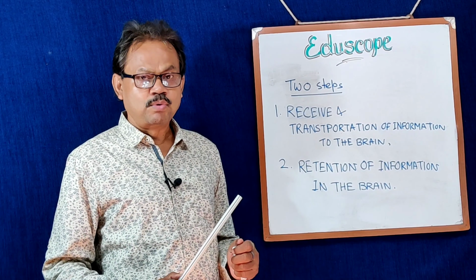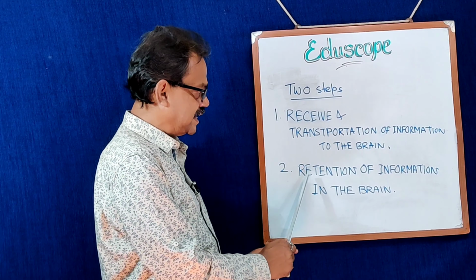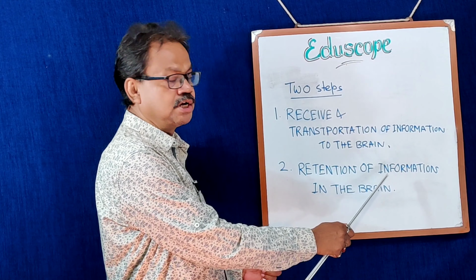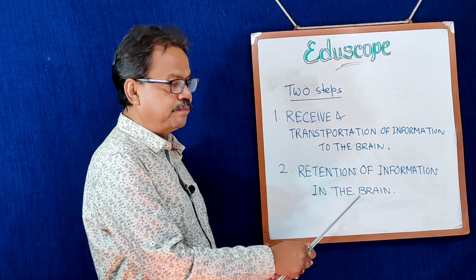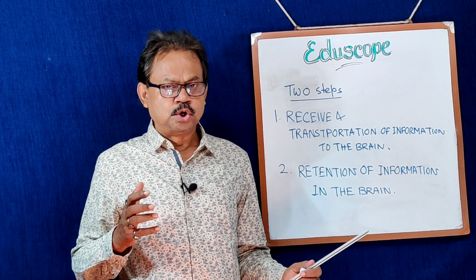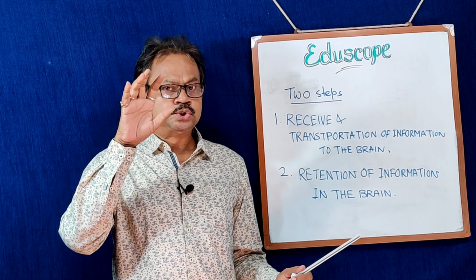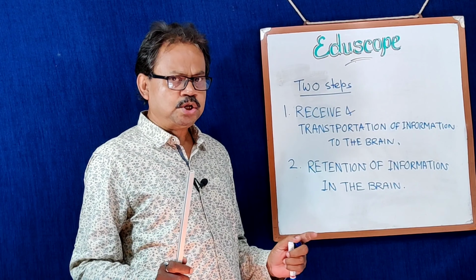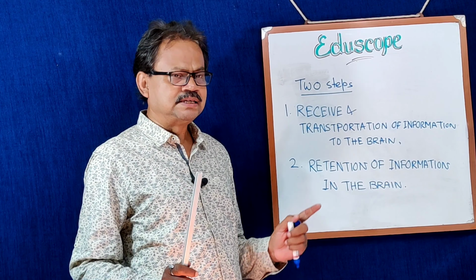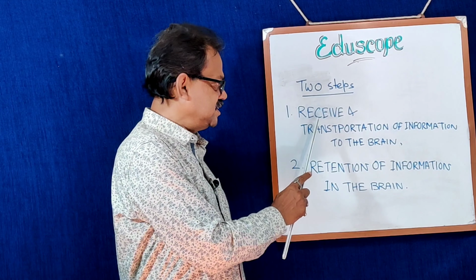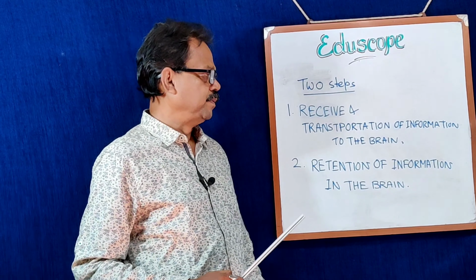That is the number 1. And number 2 steps is retention of this information or this knowledge in the brain. So what is received, what information is transported to the brain, so brain should receive it. In this video I am going to discuss, that is first point, that is receive and transportation of information to the brain.